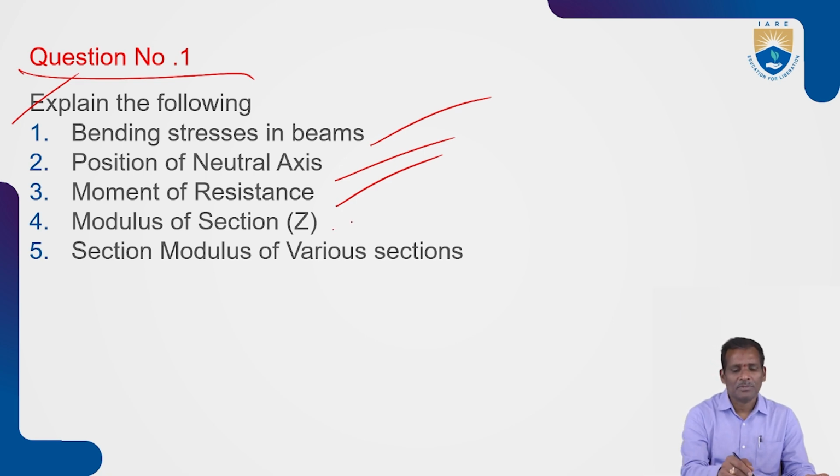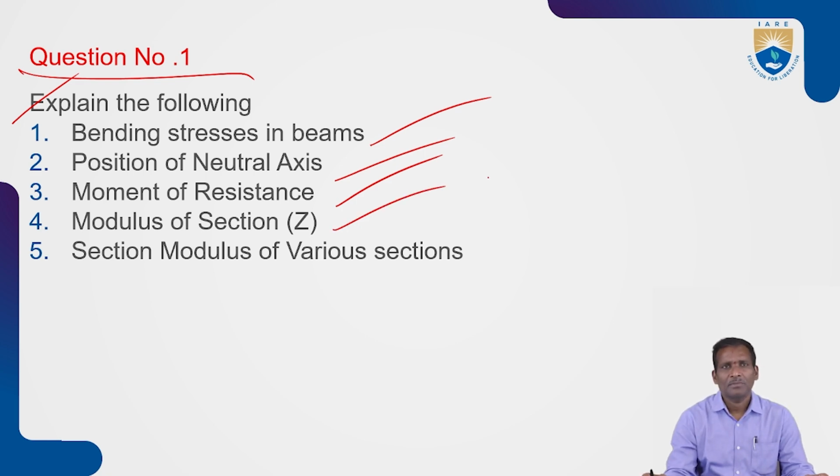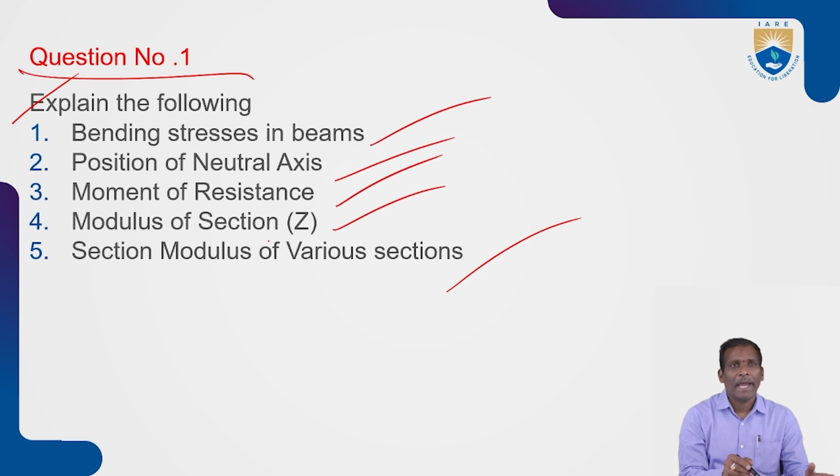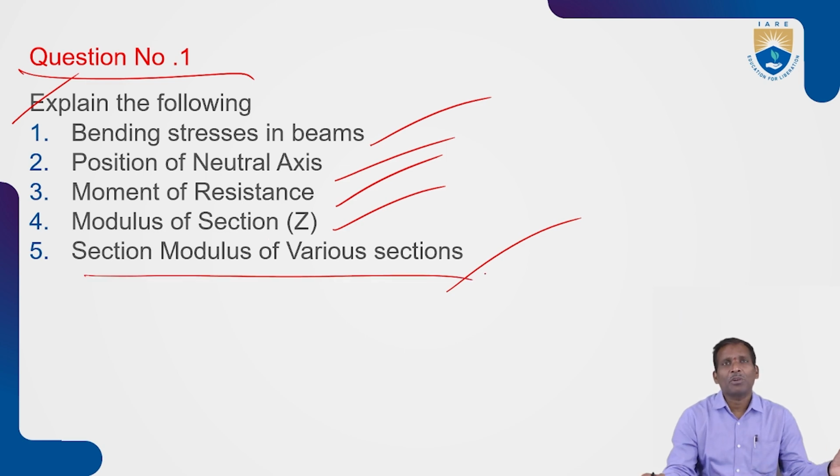And the modulus of section. First you should explain the modulus of section, and then the section modulus of various sections. These are the topics given as question number 1.